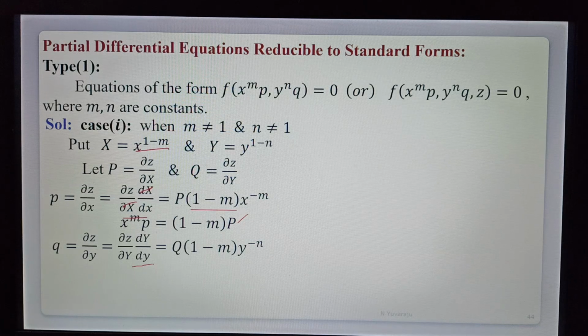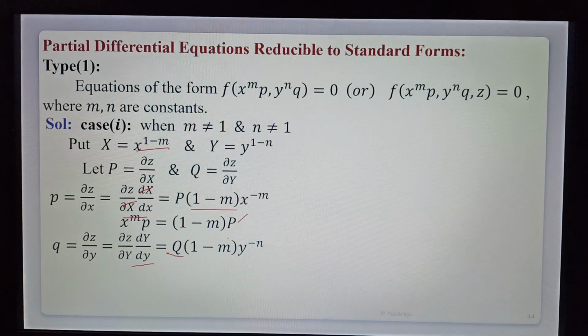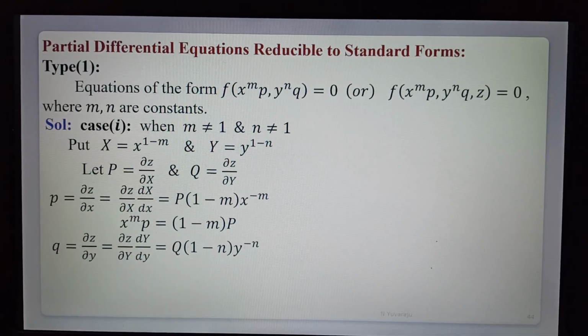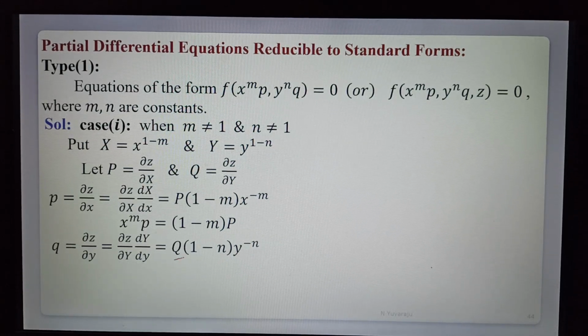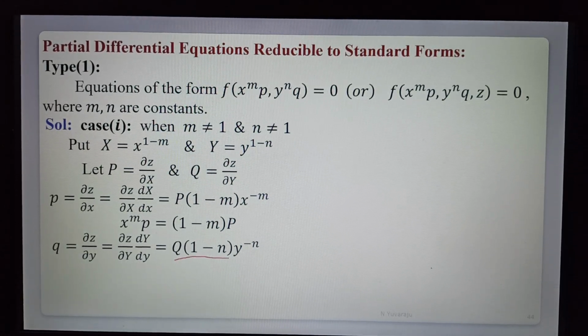Dou z by dou capital Y is capital Q, and differentiating gives 1 minus n into y power minus n. Writing y power minus n outside, y power n into q is equal to 1 minus n into capital Q.